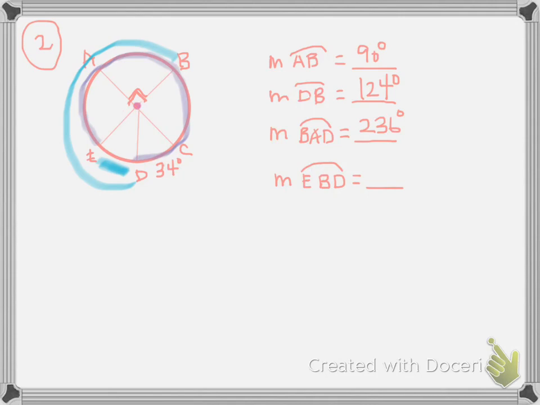So basically 360 minus that, minus that 56. So is that going to be 3 or 4?